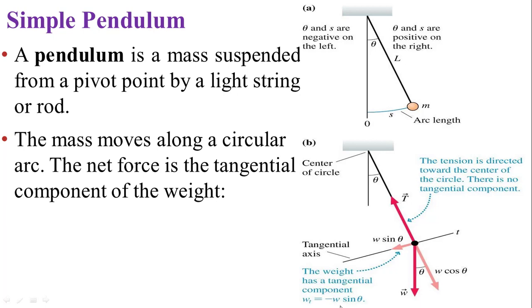This minus sign shows that the force is a restoring force, toward the mean position. So the net force is equal to the tangential force, W tangent, which is minus mg sin theta, because W is equal to mg.